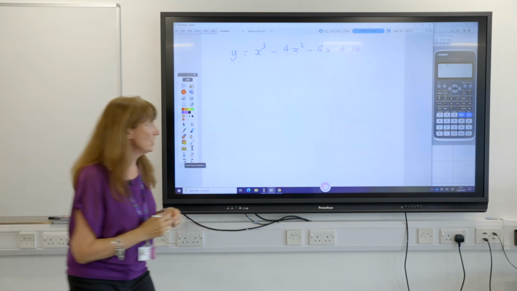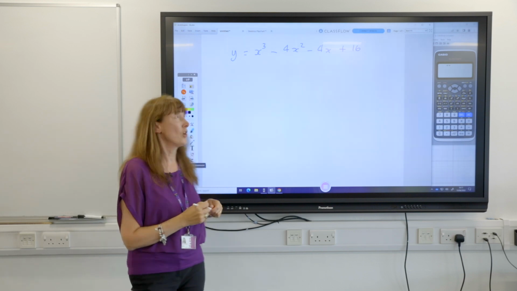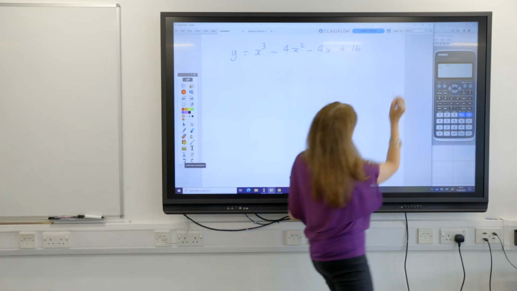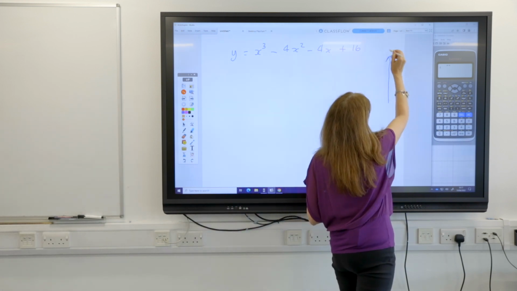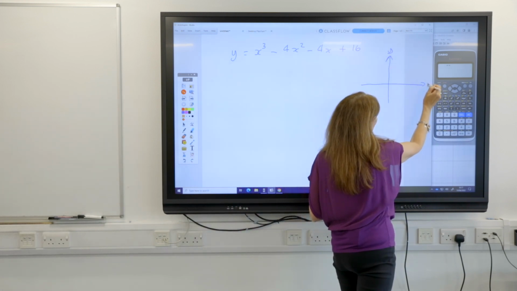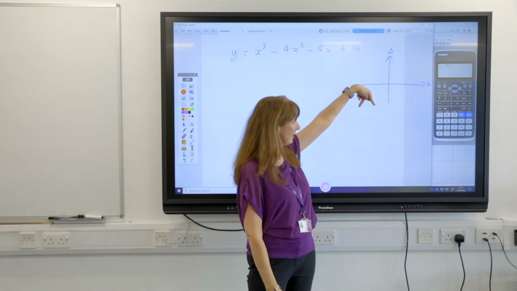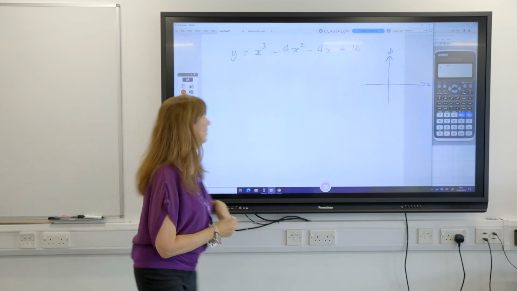So the first thing we can do is look at where the graph will cross the y-axis. So if we just do a little sketch over here of the y-axis and the x-axis, we will see that we're going to cross the y-axis when x is 0.